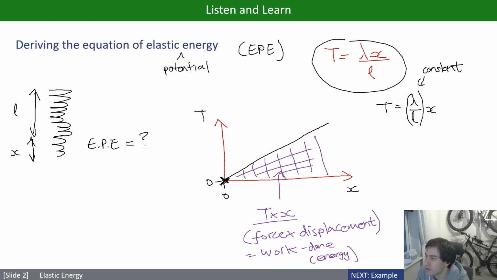So we just have to find the area under this curve, basically. Let's pick a specific value for x. So x is the general variable. Let's say x0 is our actual distance. Okay, so I'm going to stretch the spring by x0. What then is this purple area?